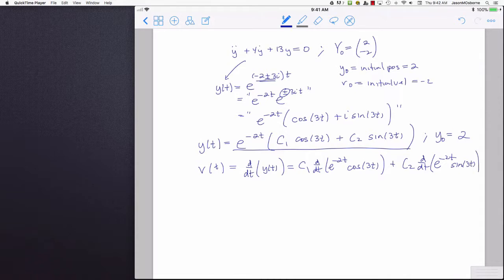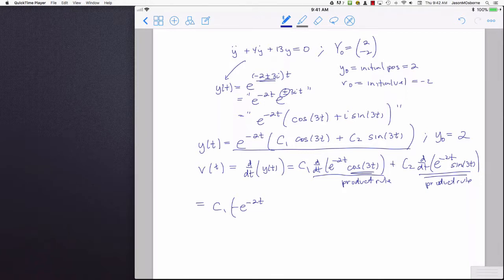Okay. Take this derivative with the product rule. Okay. Take the derivative here with the product rule, which will lead you to c1 first times the derivative of the second.